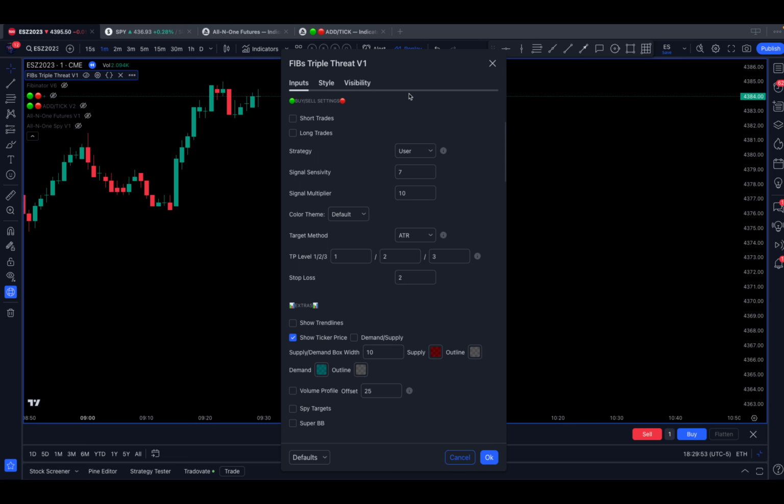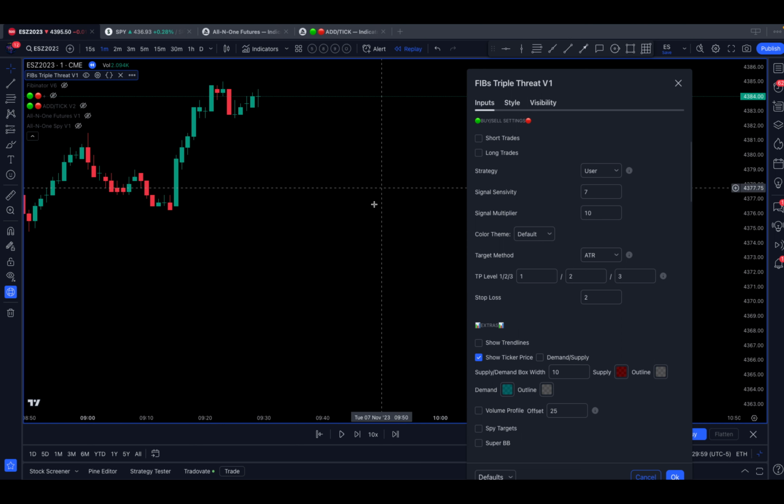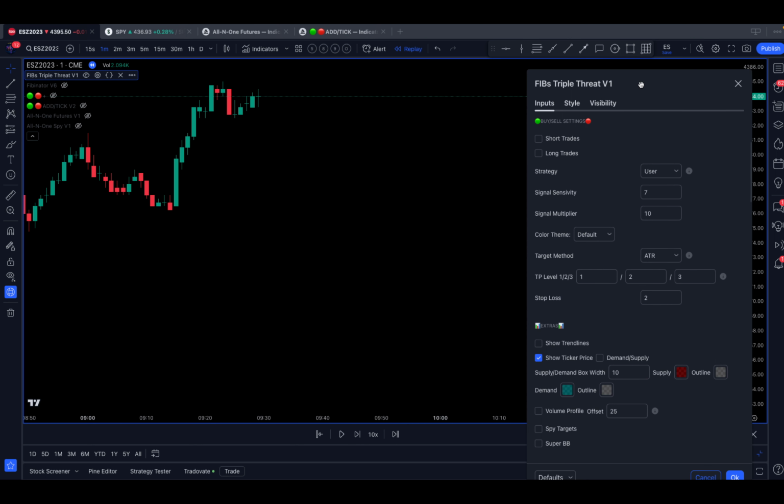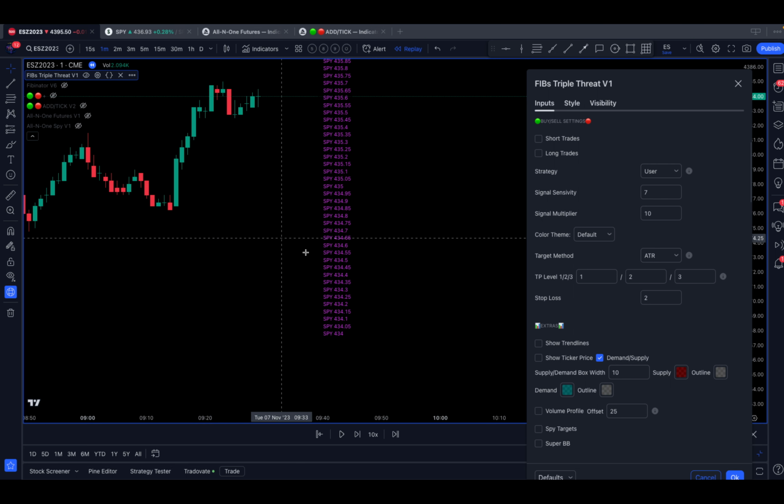The show ticker is the same thing as the all-in-one futures. It'll show the SPY ticker price because I utilize this indicator when I'm trading the futures, and I want that on there. It also has a supply and demand zone area, like the all-in-one SPY indicator has, so it has that included in it.